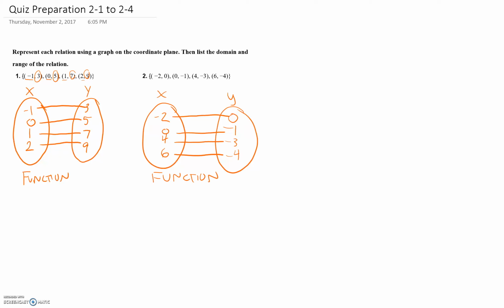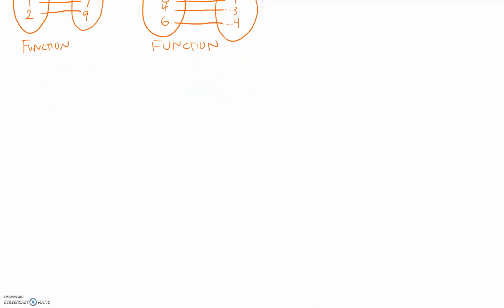Let's take a look at one that is not. Let's look at one that's a relation. So if I gave you this set: (1, 4), (3, 7), (2, 9), and let's say (-1, 0), and (1, 5).